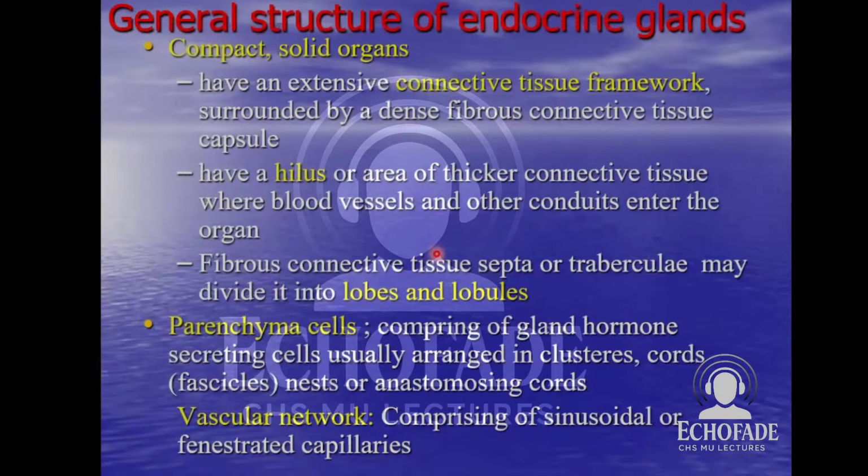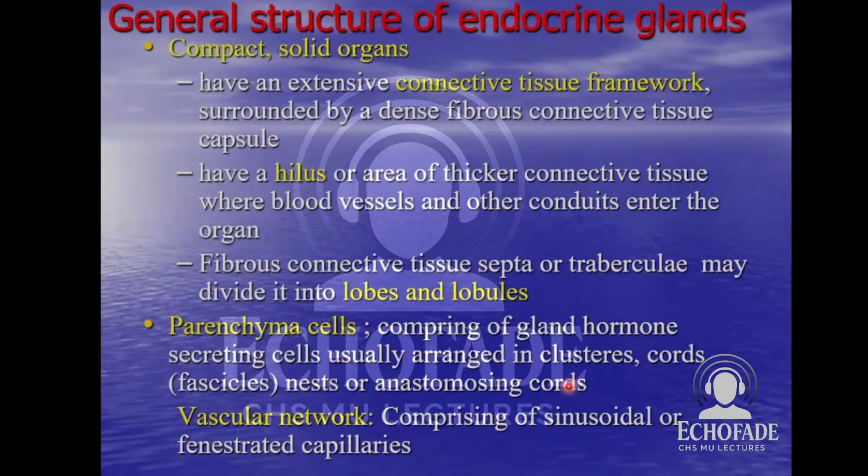They might also form nest-like structures, or they might be anastomosing cords. These cords join each other to form a network. That's what they're calling anastomosing vessels.